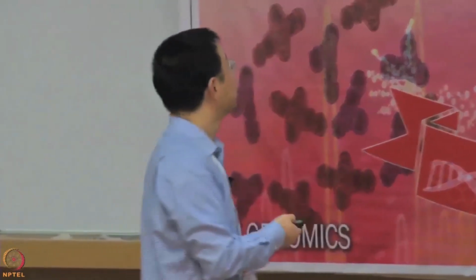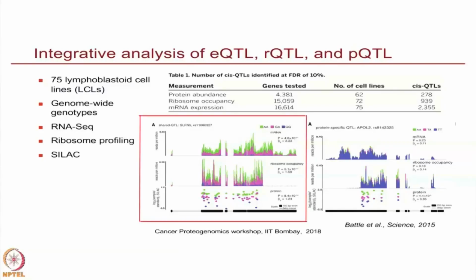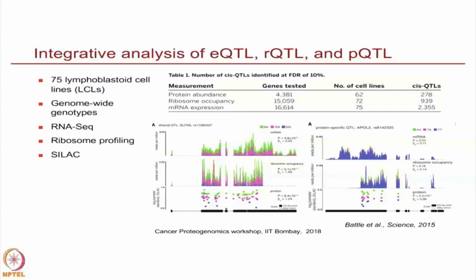But we can look at these examples. In this case, we can see the effect is consistent at the protein level, the ribosome occupancy level, and the RNA level, because the effect is colored by three different colors for the three genotypes. We can see the difference at the RNA level, the ribosome occupancy level, and the protein level.